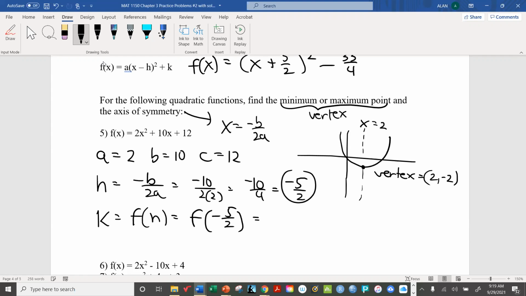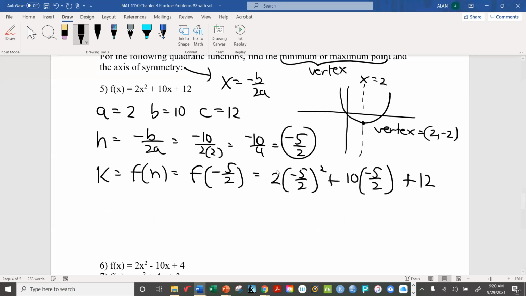Oh, this is going to be tough. 2 times -5/2 squared plus 10 times -5/2. 2 times 25/4 minus 50/2 plus 12.